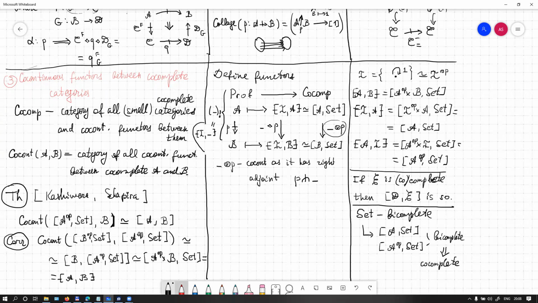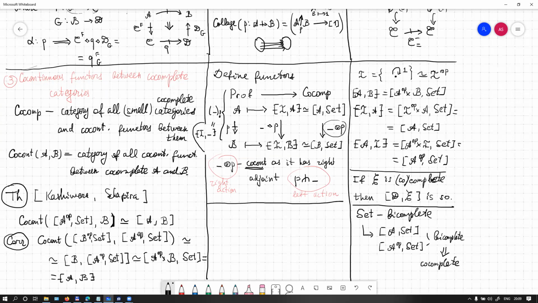So this one was right action, and its adjoint is the left action of profunctors on the functor category. So it is co-continuous, that was desired. Both categories of copresheaves on category A and on category B are co-complete, and the functor between them is co-continuous.